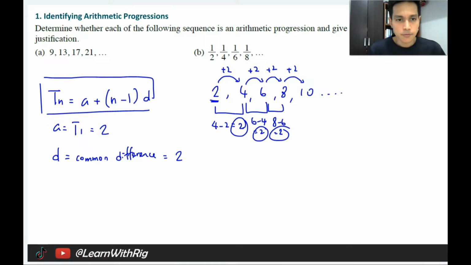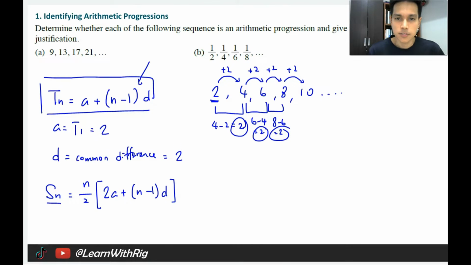Okay. The second formula that you have to know is the sum of terms. Okay. So sum of terms, there are two formulas. The first formula is this: Sn = n/2 × (2a + (n - 1)d). Okay, so this is the first formula. It's very similar to this, but this formula is for you to solve the sum of terms.